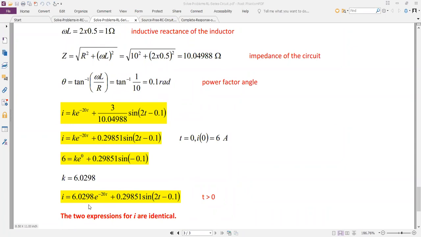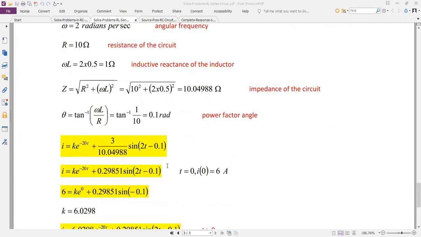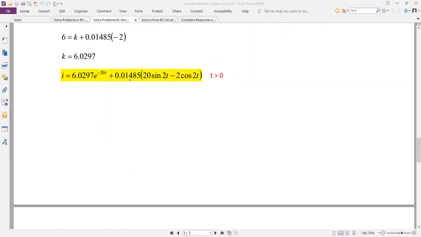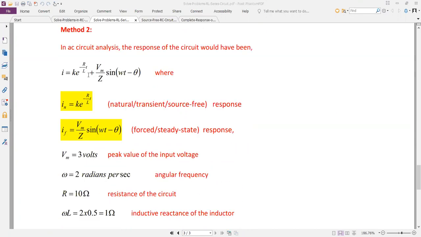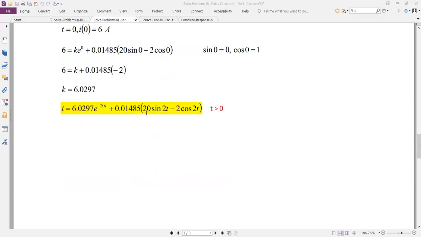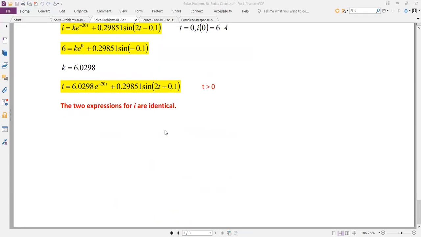So you have now your I equation, similar to the first one. So method 2 does not use any DE, method 1 does. I'm sure this one also came from a DE or a simplified form of the DE. Okay, so that's for the RL series circuit.